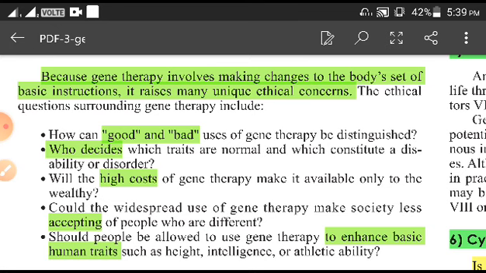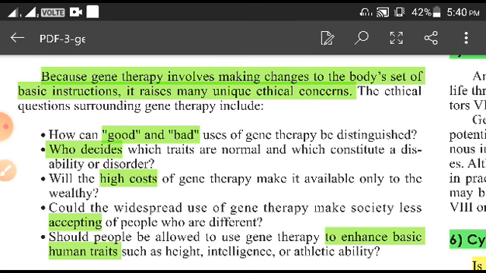Now you know that if the Avengers are living next to your home, in movies it looks good, but if they are living next to your home, it's very difficult to accept them. If the Hulk is your neighbor, it's not that easy. So its acceptance will be very, very difficult.